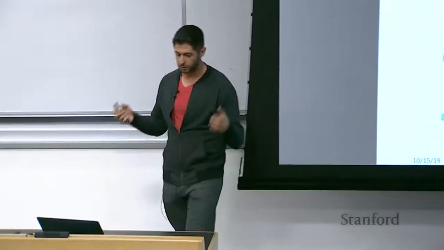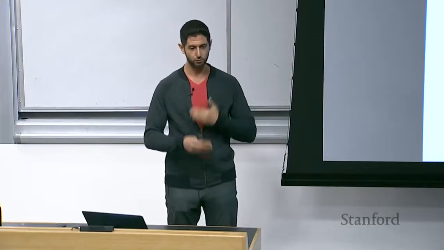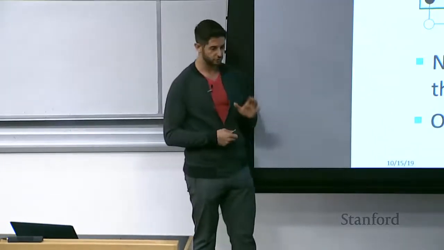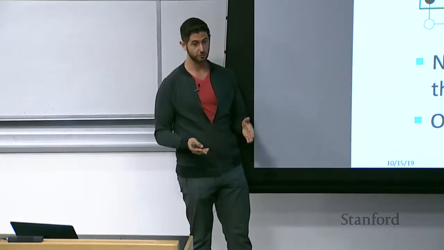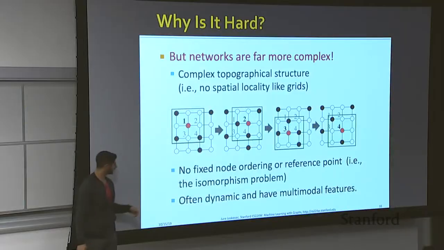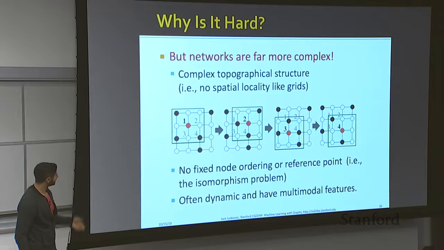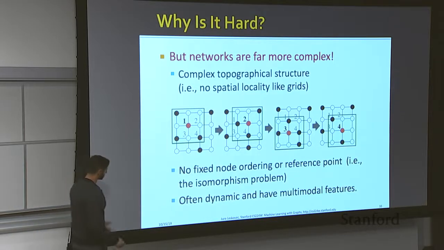So you can take a graph, you can change the node labels, or you can even permute the columns or rows in an adjacency matrix, and the topological features of the resulting graph will be exactly the same, even if you shuffled all the labels. Okay, but this is not the case, for example, with text. So that's why we need something much more powerful compared to the standard representation learning techniques, okay?